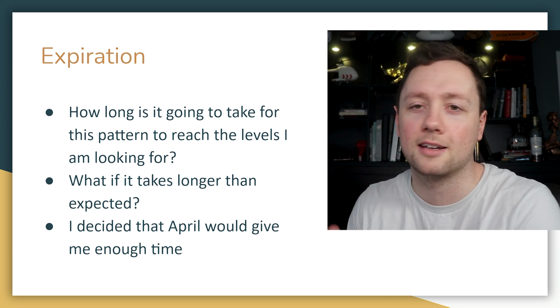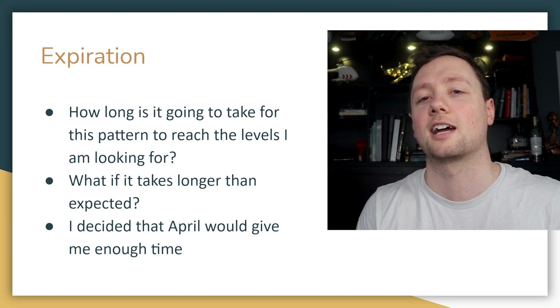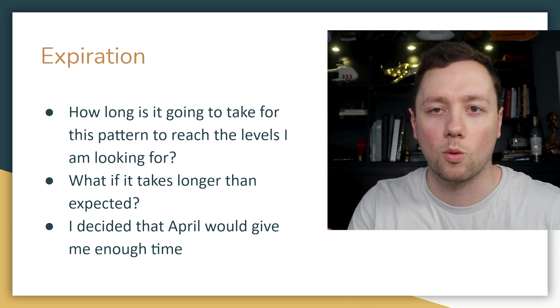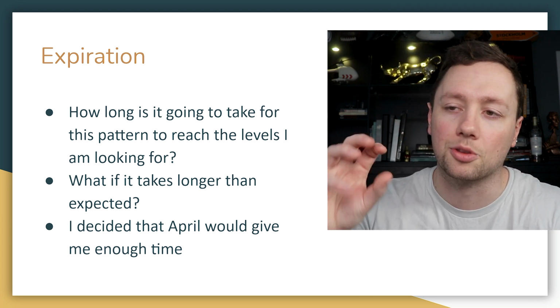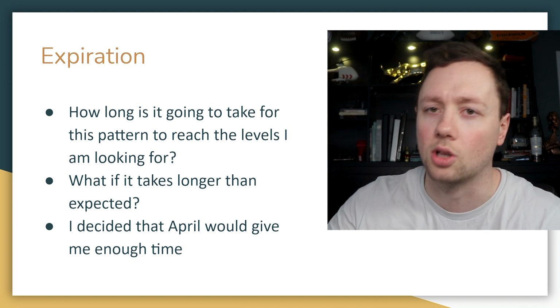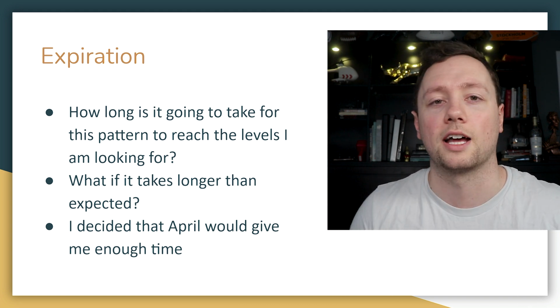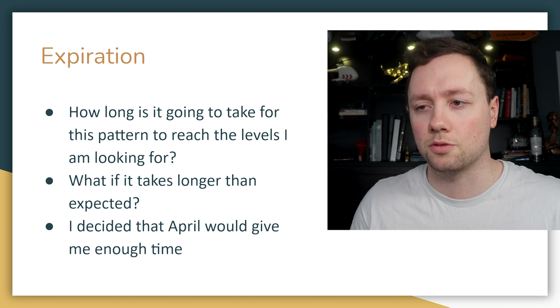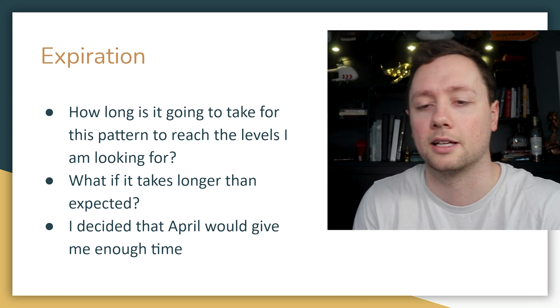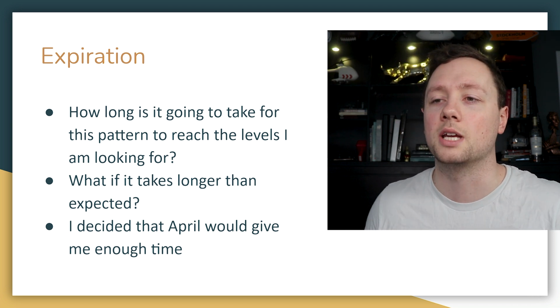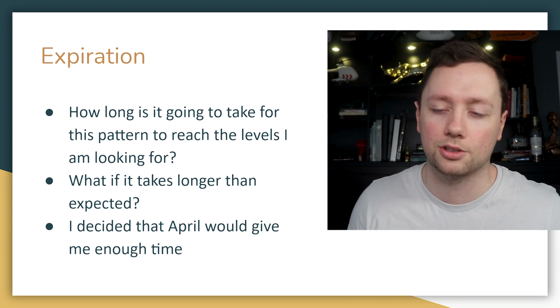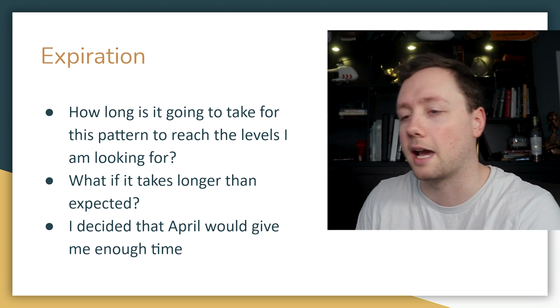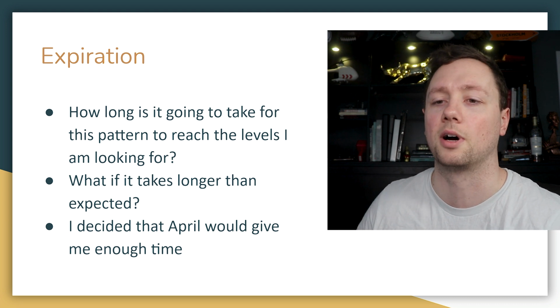So what I did was I added a little bit extra room, and I decided April would be a good expiry. That way, if the price action I'm expecting just takes longer than I was expecting, that's no problem. I can prepare for that to a certain margin by adding in a little bit of extra time. For me, I think it's going to take a month or 2 for my pattern to unfold, and then I'm going to add on an extra month so that I have a little bit of buffer time.